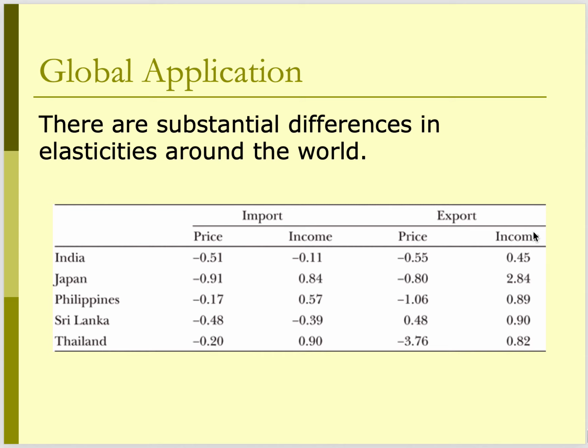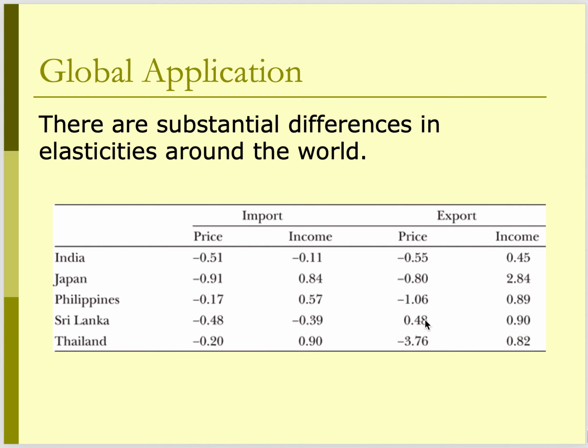So if you look at different countries and you look at the import price and income elasticity and export price and income elasticity, so they look at all the prices of things they sell, you have a sense everything is negative except the income elasticity here.